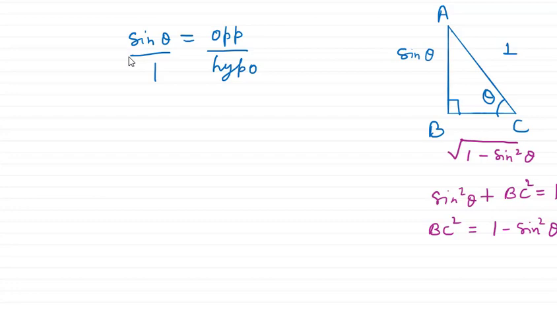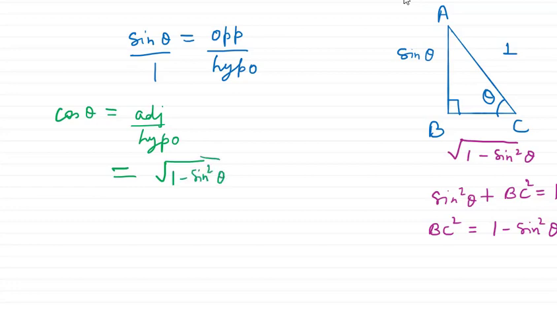Now you know all the formulas for the trigonometric ratios, that is cos theta. So cos theta is how much? Adjacent side divided by hypotenuse. You can write from this figure, all these sides we already have. So the adjacent side is root over 1 minus sine square theta divided by hypotenuse, which is 1.